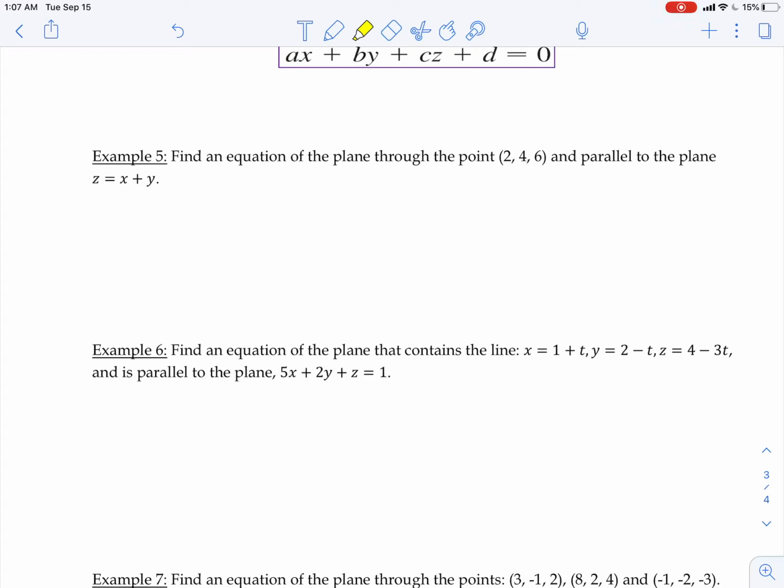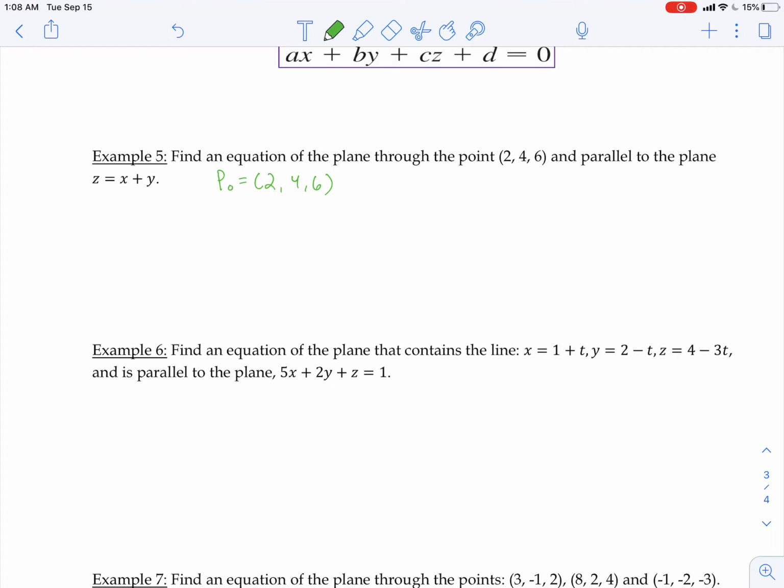Example 5. Find an equation of the plane through the point 2, 4, 6 and parallel to the plane z equals x plus y. To find an equation of the plane, we want an initial point. Our initial point is just 2, 4, 6, because we're told that point is on the plane.